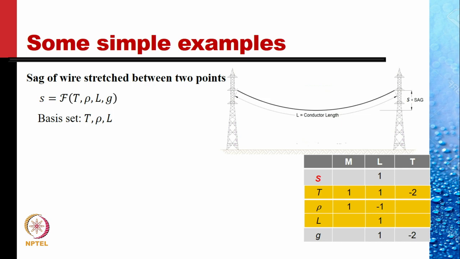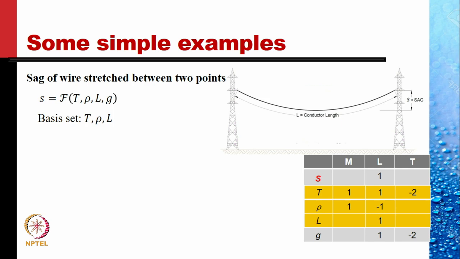So they are independent. They are complete because from this we can extract the dimensions of mass, length, and time. So the value of K here is 3. The value of N was 4, the number of independent parameters. The basic group is 3.